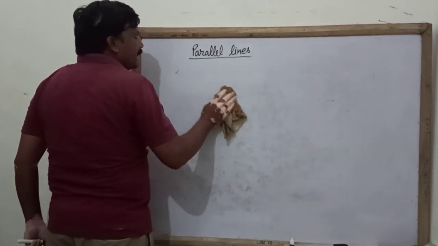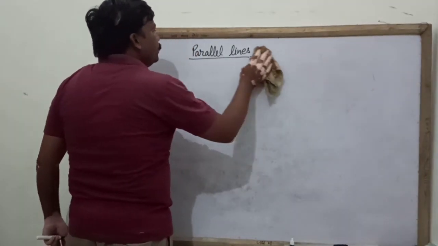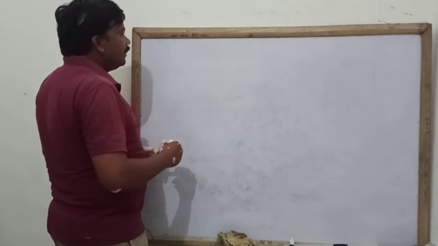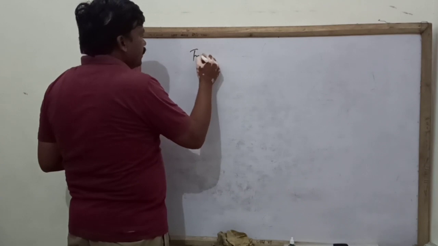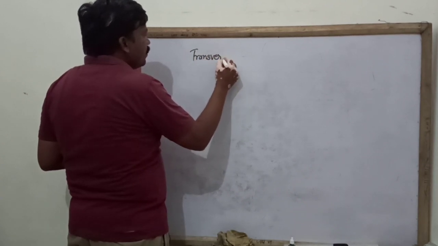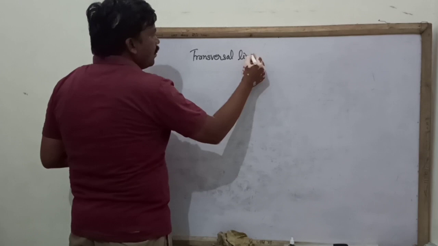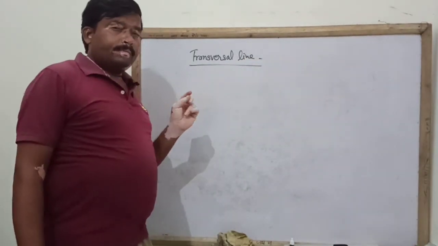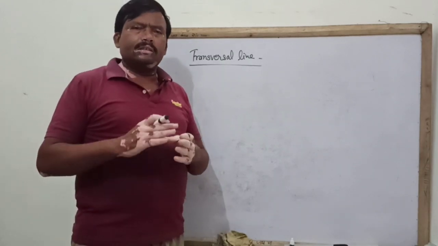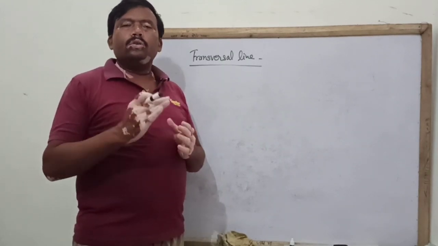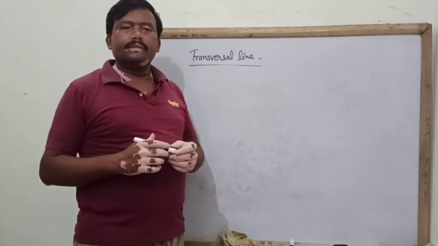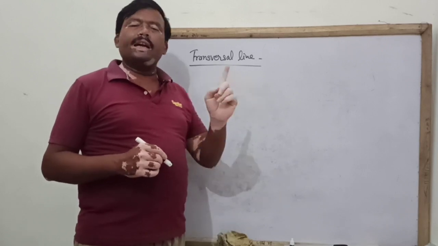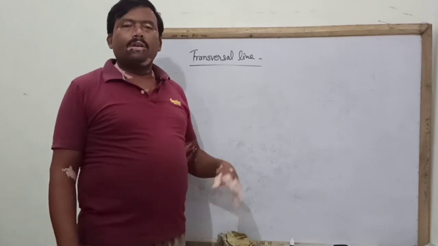Now we move to the second term, which will be used in our exercise 6.2. That second term is a transversal line. A line which intersects two or more lines at distinct points is called a transversal line of those lines.